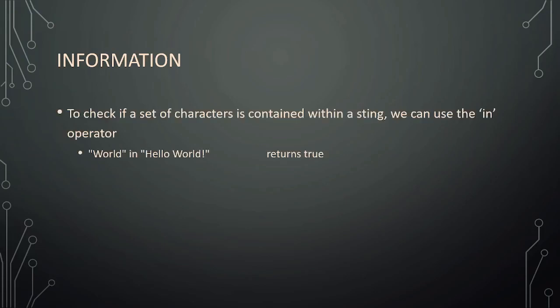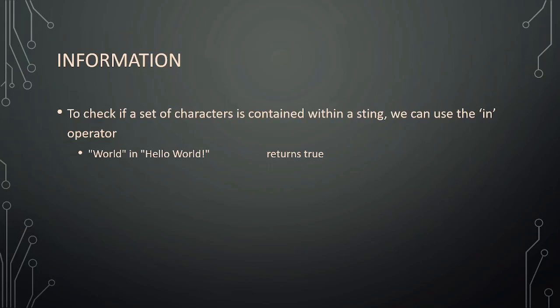The in operator allows us to see if a word is inside that word. So I've got the example here where it's asking, is the word world in the string hello world? And this will return true. Now, if the characters were different case, so if that W was lowercase, it'd return false because it wouldn't match up. It has to be exactly the same case for both strings.